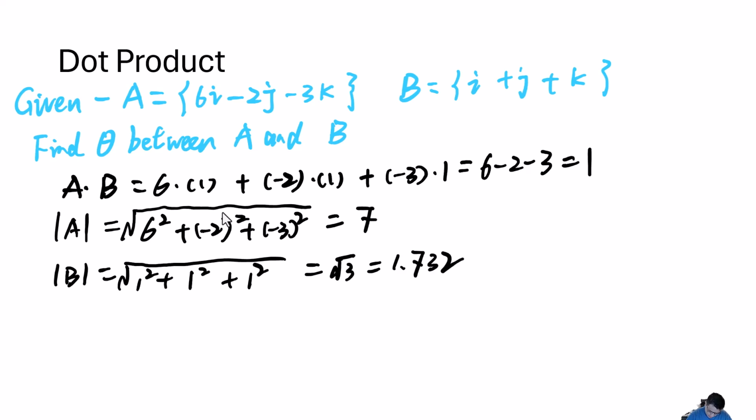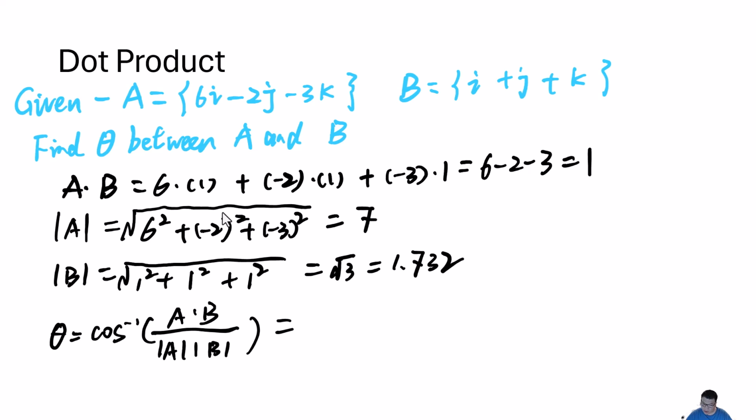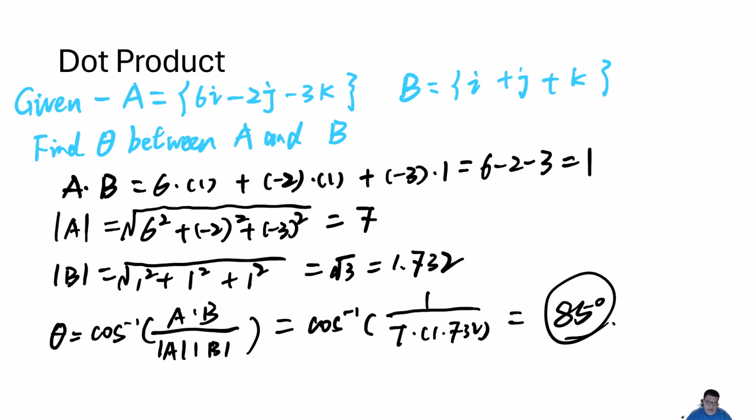And theta will be the inverse cosine of A dot B over A magnitude times B magnitude. The answer should be 85 degrees.